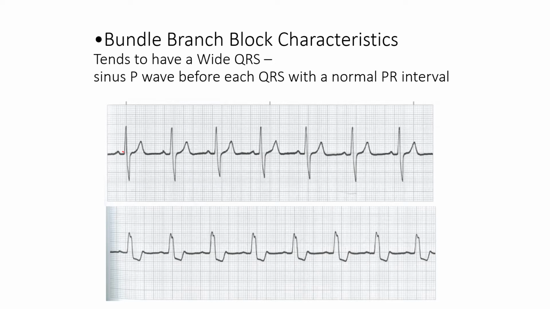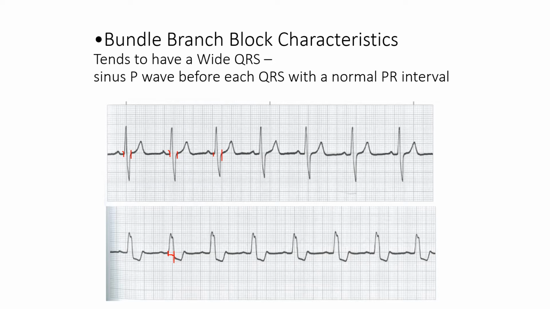Looking at this QRS, it looks like about 3 boxes, maybe even 3.5 boxes in some of them. So you can't determine whether it's a right or left bundle in one lead. And in the bottom one, I know it has these rabbit ears, but that does not mean anything; it depends on what lead it is as to whether it's right or left. And that would be determined by a 12-lead EKG.